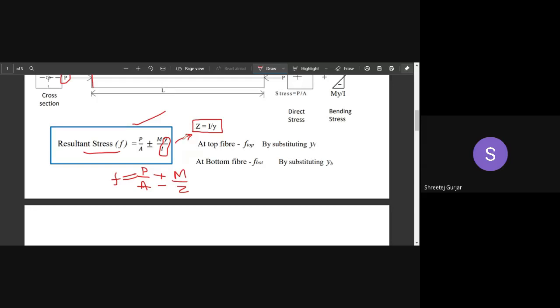While solving, we will use both of these. We will be solving some numericals using this formula.